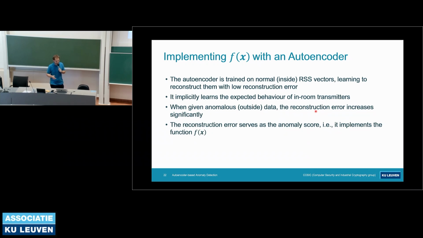And then when the autoencoder gets foreign data, meaning the measurements from a device that is outside, it will reconstruct these measurements with higher error. Based on that, we can say, oh, there's a higher error, meaning that this is probably coming from a device that is outside. So that is the core idea of the autoencoder reconstruction.